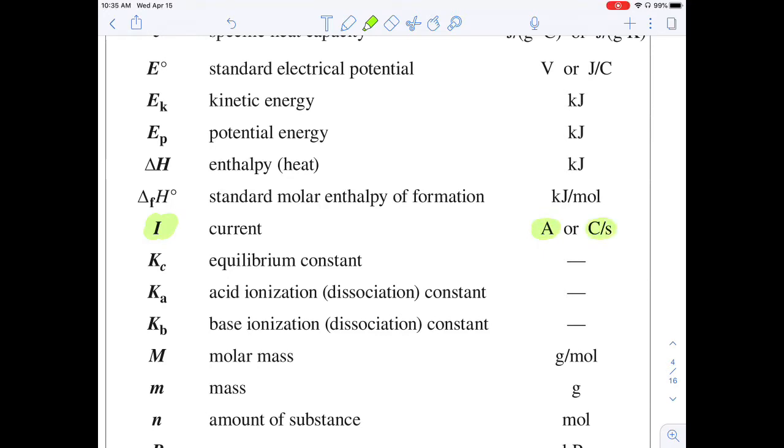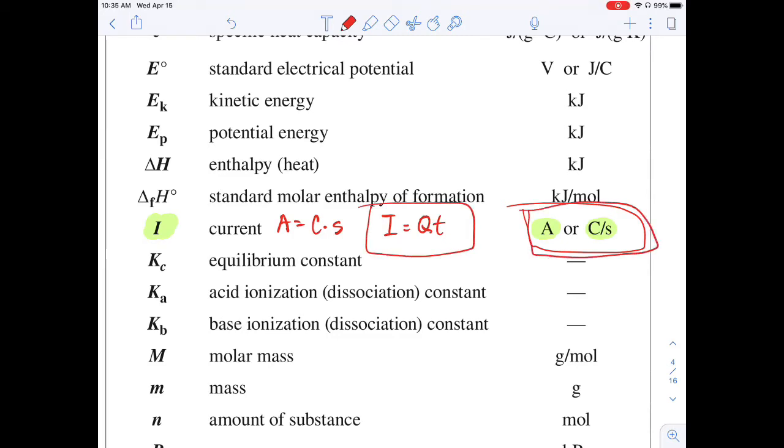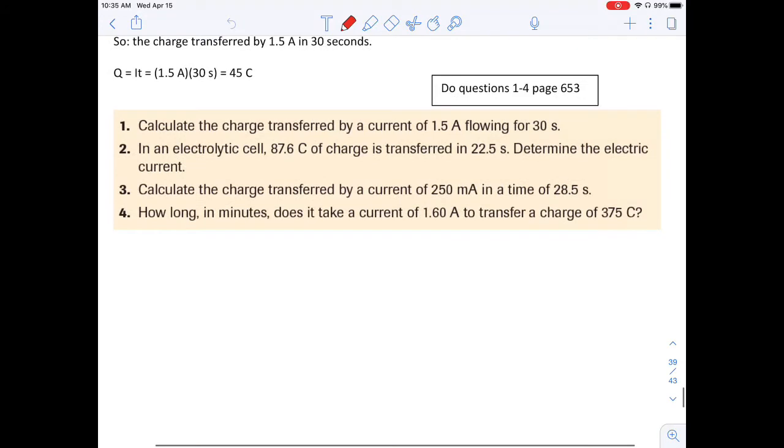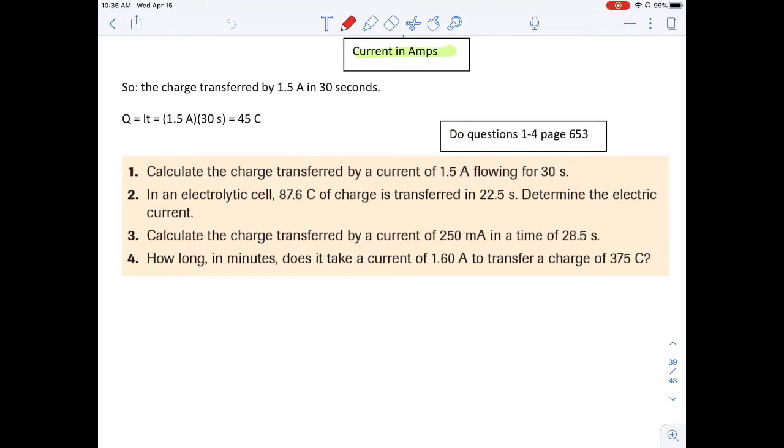We don't get an equation for this in our data booklet, but the relationship is actually hidden in the units here. If you ever get a test and you aren't sure, you can find that relationship printed in your data booklet. We can use it to calculate the charge, or the number of coulombs transferred, when we know the current and the time.